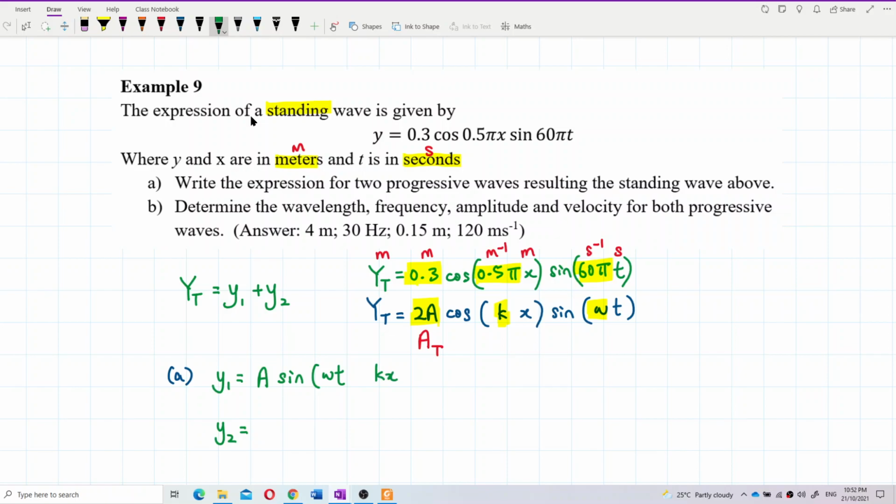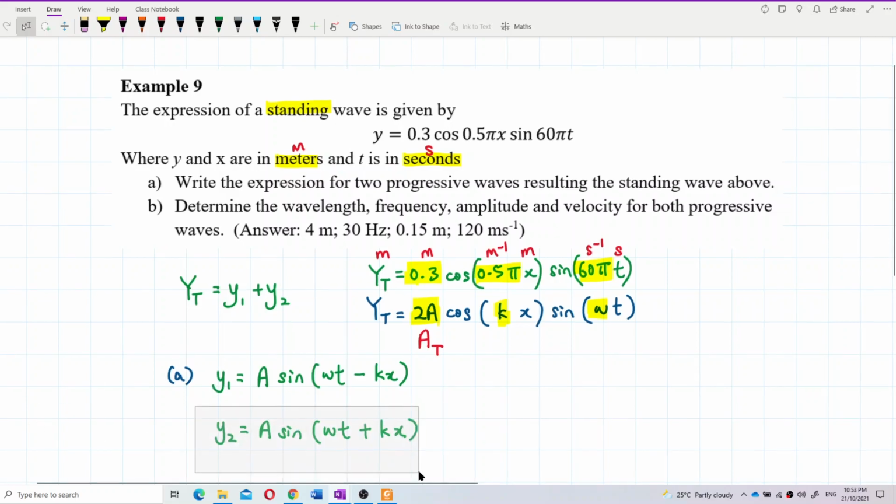minus kx. Another one is omega t plus kx. Okay, plus kx.